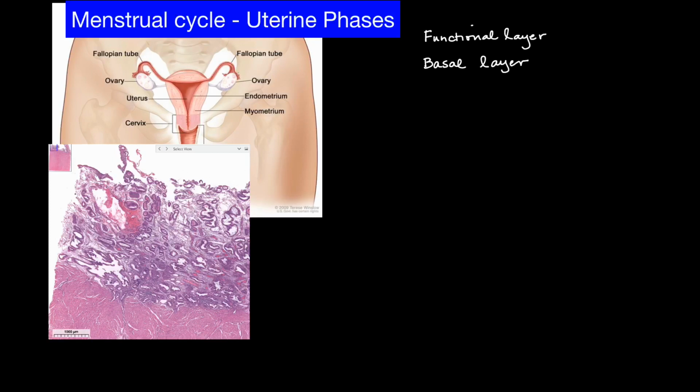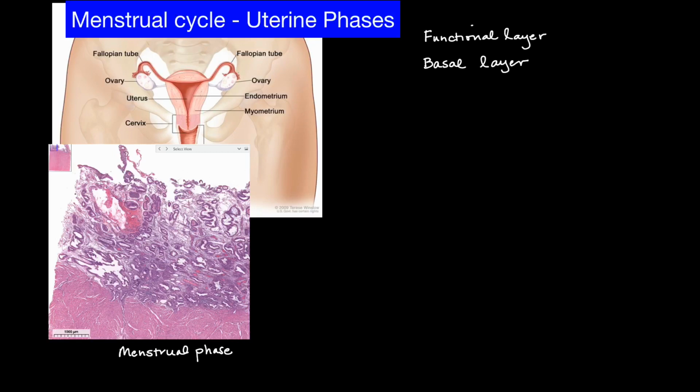So our menstrual cycle begins with the menstrual phase. And that's because at the very beginning, between days 0 and 4-ish, we're going to reset everything. The lining, the functional layer of the endometrium, is going to be shed because we want to start everything fresh.